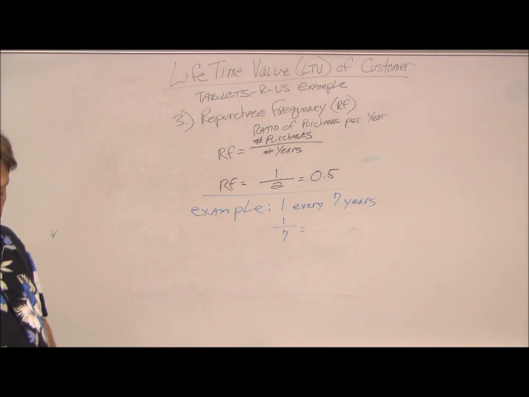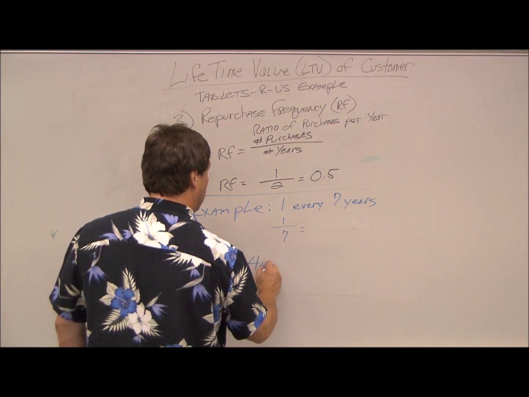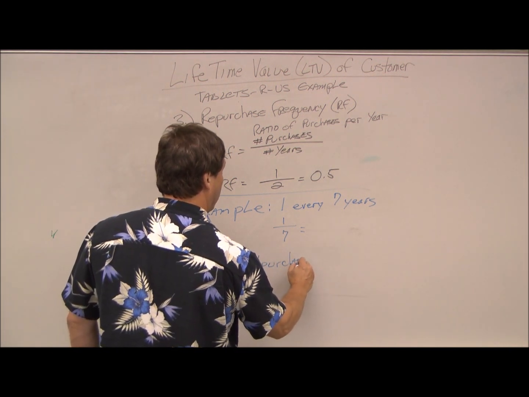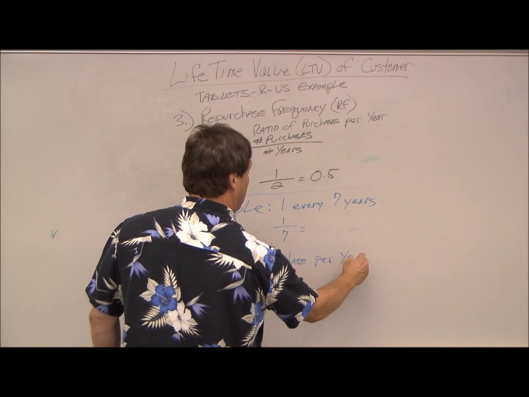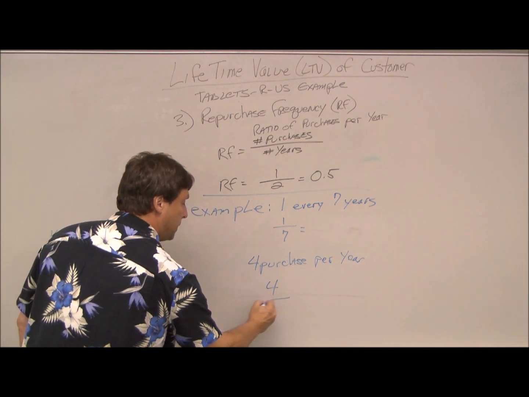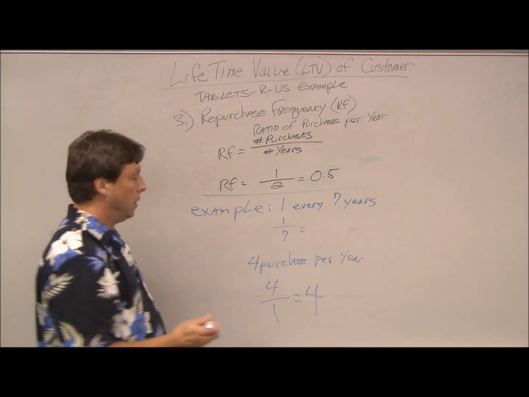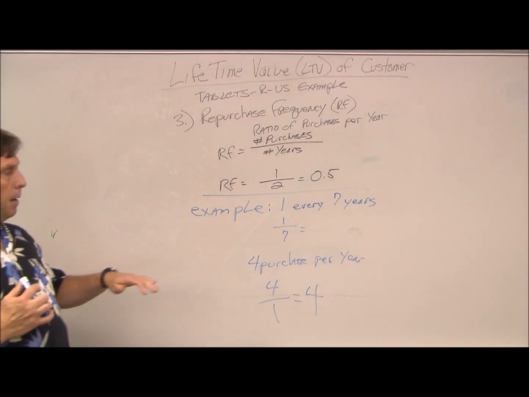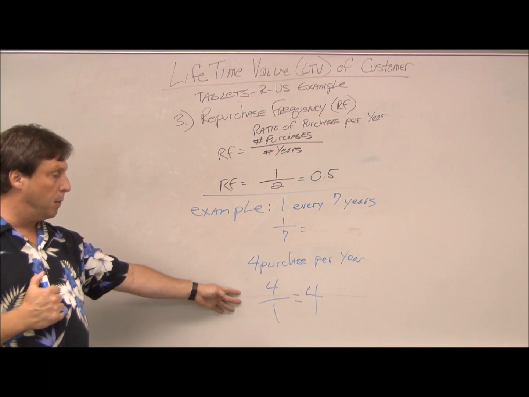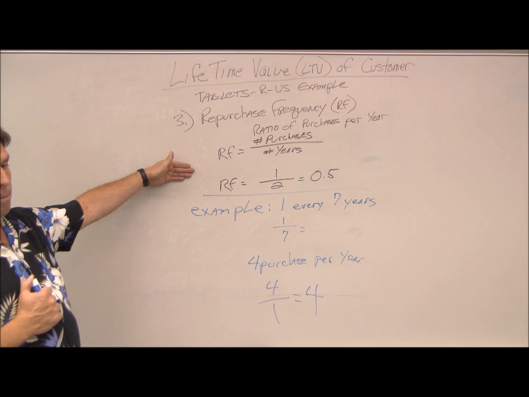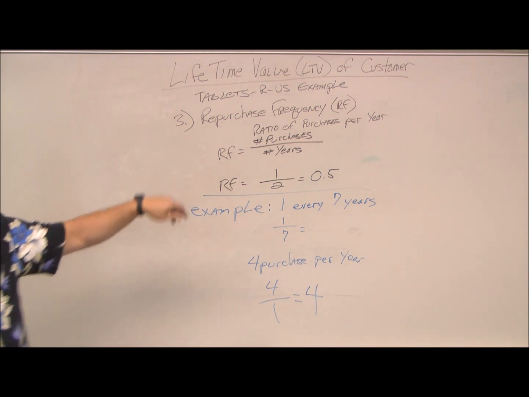Another example might be a customer that purchases quarterly, or 4 purchases per year. That would be 4 purchases over 1 year, which equals 4. So if customers purchase multiple times a year, your number will be greater than 1. If they purchase less than once a year, you'll find it will come out to a decimal.